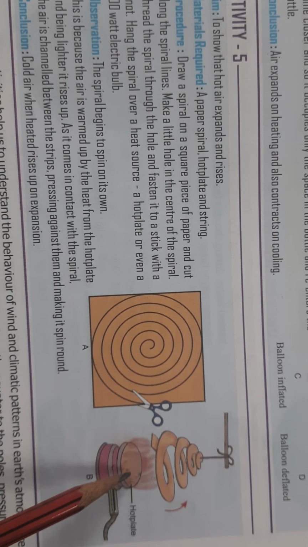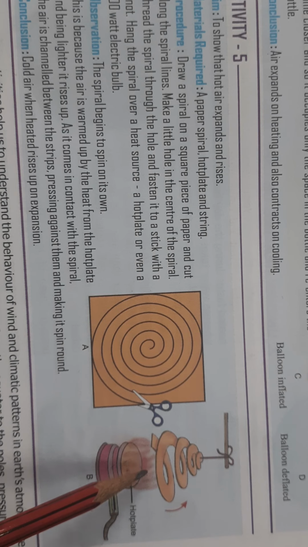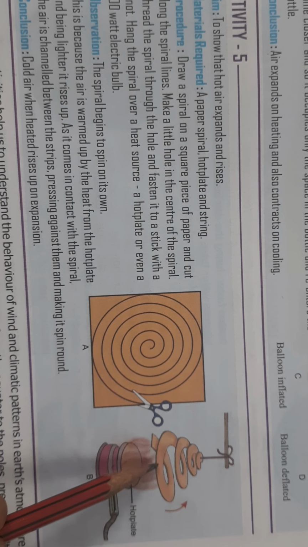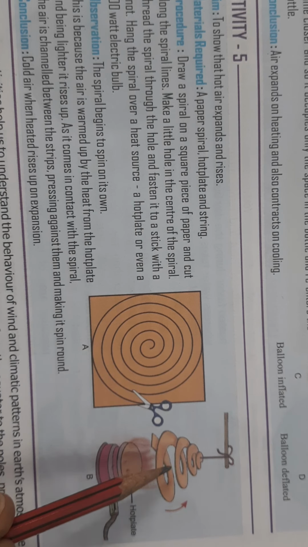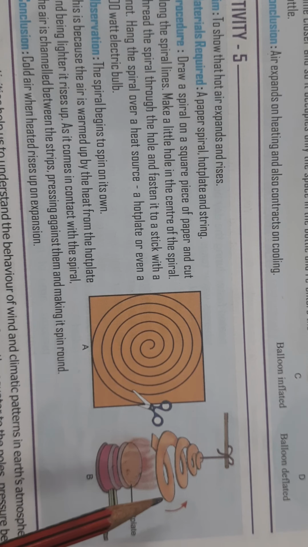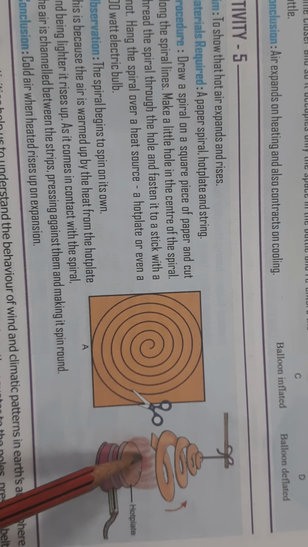And when air becomes lighter in weight, it rises up. So as it comes in contact with the spiral, the air is channeled. The air goes in between the spirals, presses against them and makes them spin around. So the cold air when heated rises up on expansion.